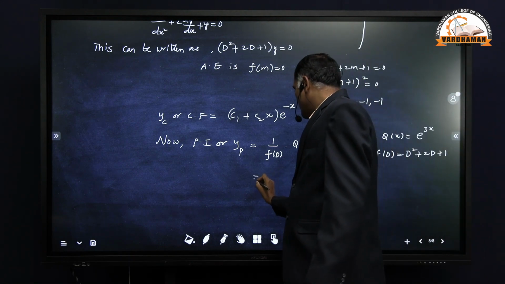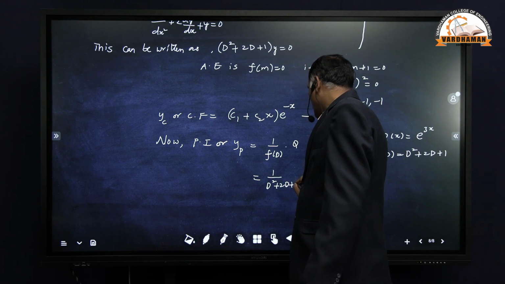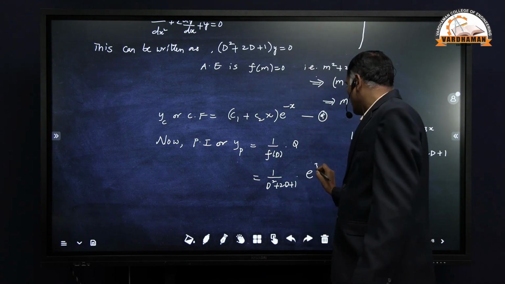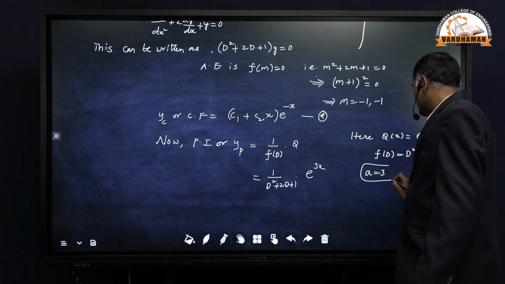Now the method says that replace D with a. Here a is nothing but 3.